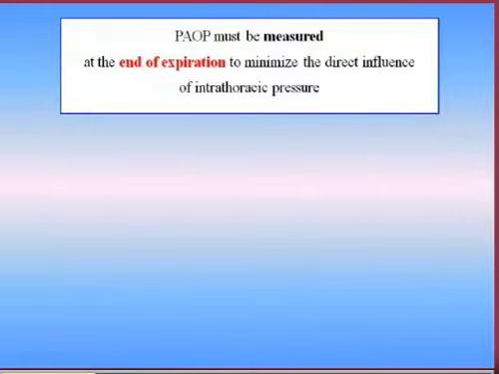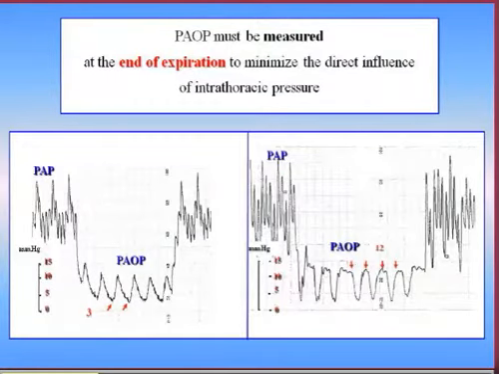You know that all pressures must be measured at the end of expiration in order to minimize the direct influence of intrathoracic pressure. For example, in a patient receiving mechanical ventilation and fully adapted to his ventilator, it is very easy to detect the end expiratory pressure, which is 3 in this example.